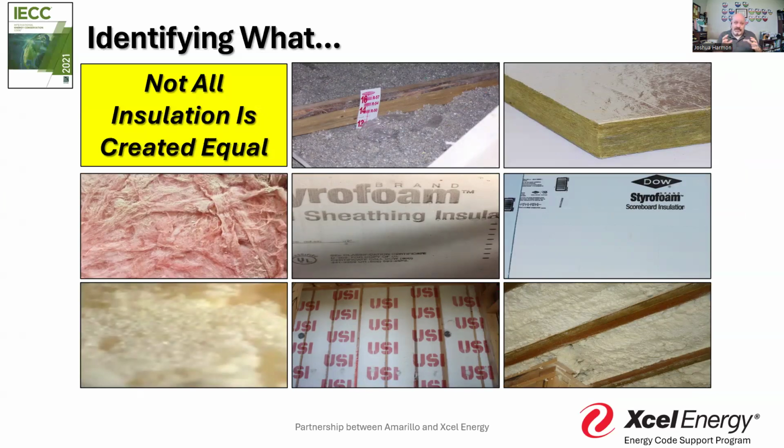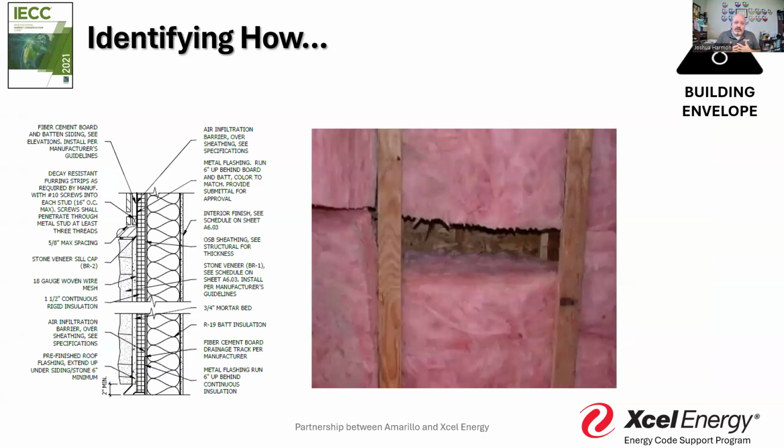It's about identifying what is going on. Are we looking at a system that works collaboratively with more than one material? We're looking at a material like a closed cell spray foam, which does multiple things. And again, how is it performing in that function? Because when we ask the question, how does it get done?